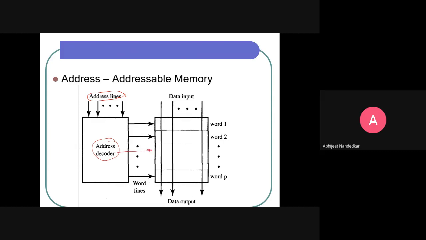That is given to a memory chip, and your data is arranged in this form. A particular row is selected, and your data is written over there or it is thrown out. So I supply some address and then the corresponding data is thrown out, or you can write there.